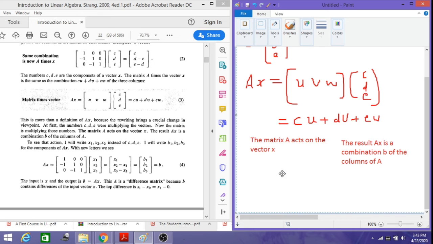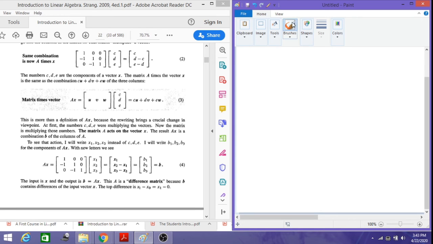Let me clear this section here. We'll use the terms x1, x2, x3 instead of C, D, E, and b1, b2, b3 for the components of AX. So then I can write this Ax equals, I'll take one matrix: 1 0 0, minus 1 1 0, 0 minus 1 1.